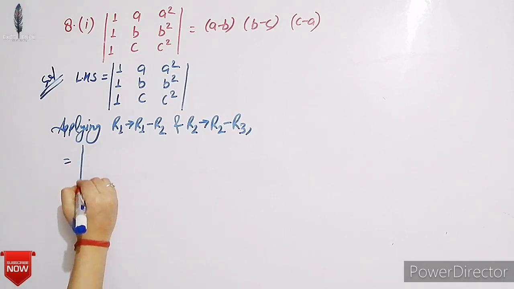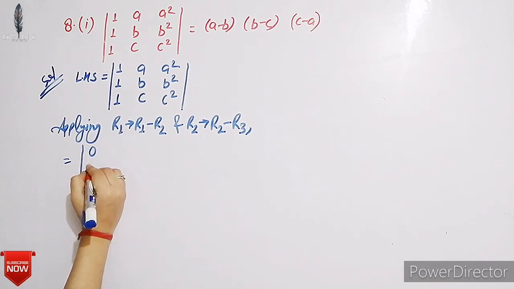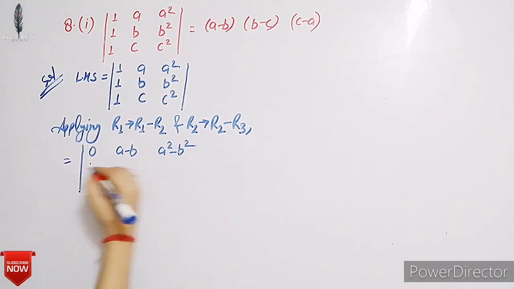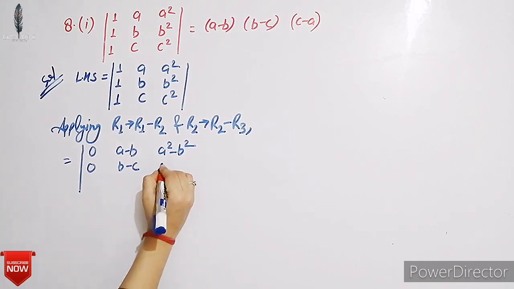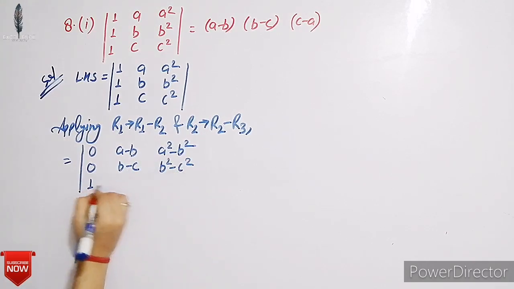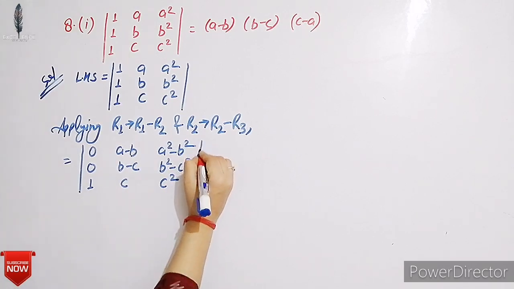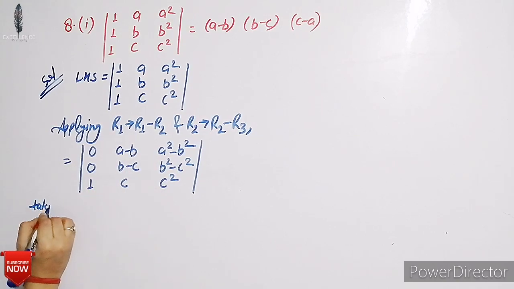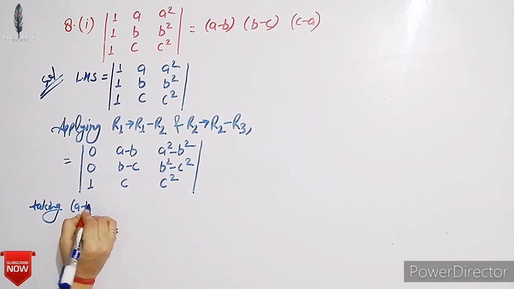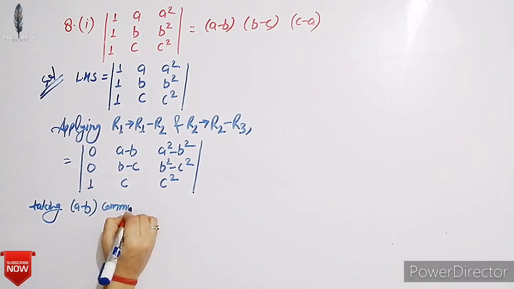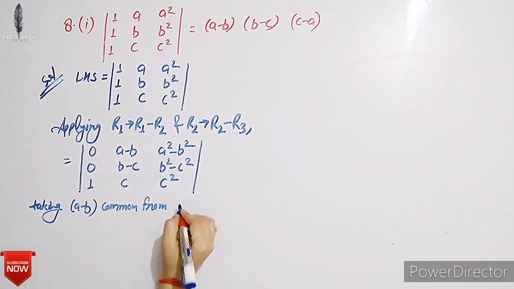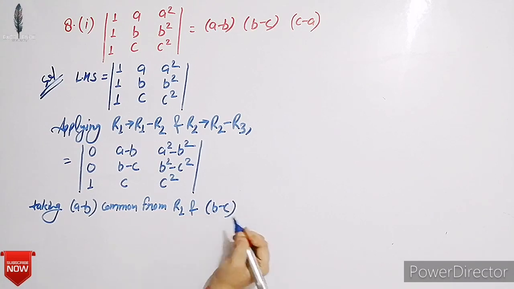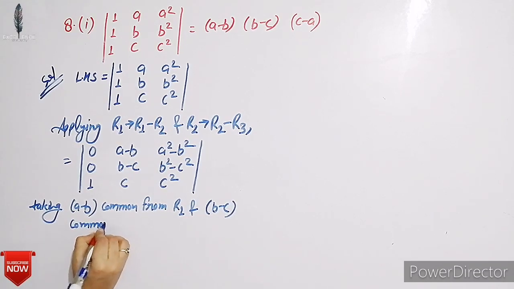Then we get here 1 minus 1, 0, and here A minus B, here A square minus B square. Now in R2 here 0, B minus C, B square minus C square. Here 1, C, C square. Now taking A minus B common from R1 and B minus C common from R2.